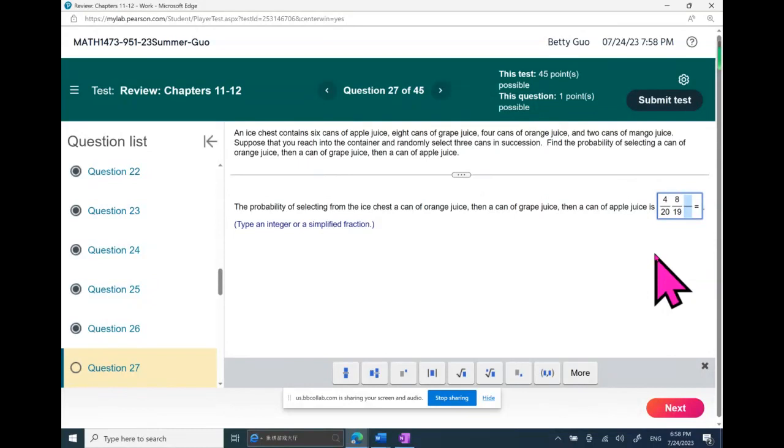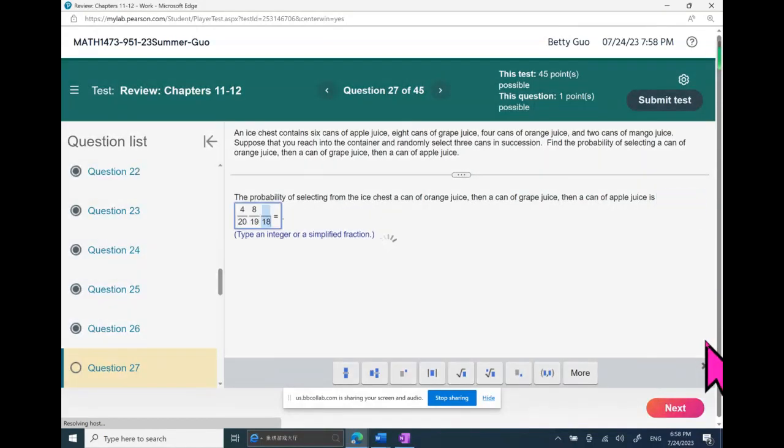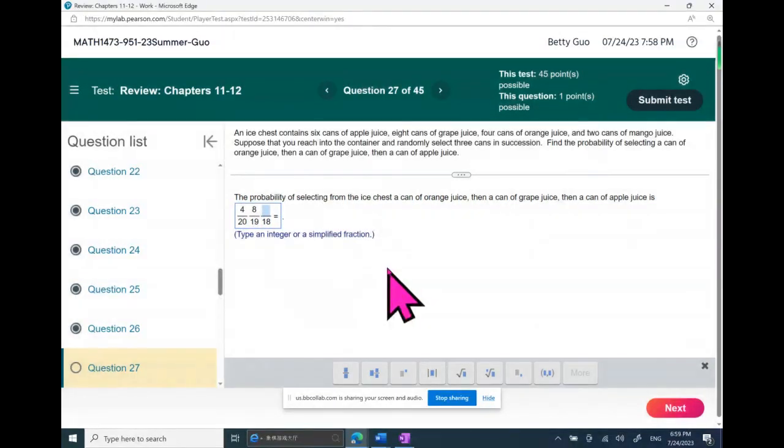Given the first time you got an orange, the second time you got a grape, what's the probability of the third time you get an apple? Since you already took 2 cans, you only have 18 left. Among the 18 cans, how many of them are apple juice? Apple juice, 6.